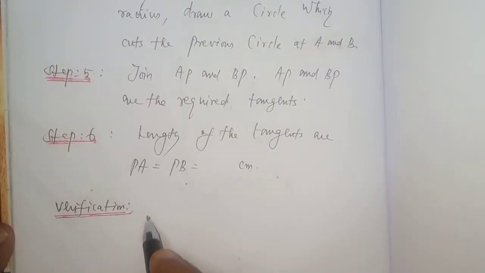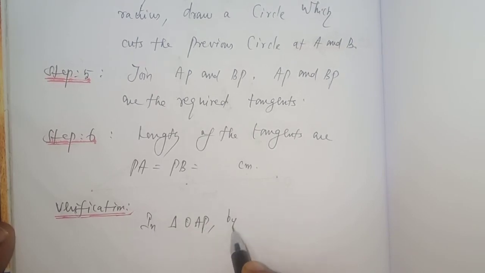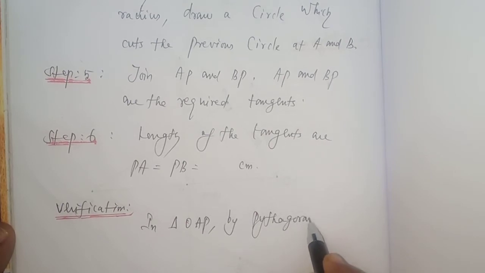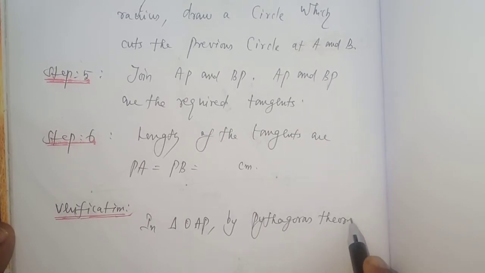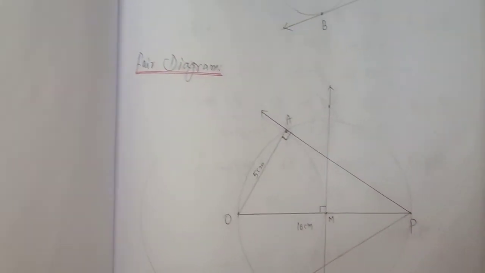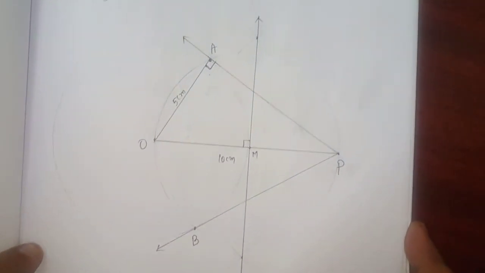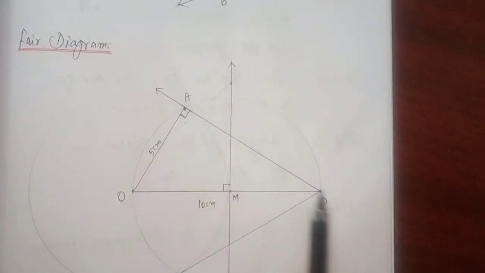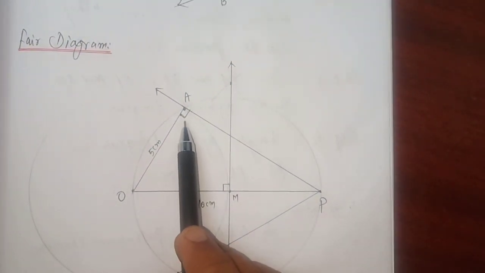Verification. In triangle OAP, by Pythagoras theorem, look at the diagram here. It is a right angle triangle, because one of the angles is 90 degrees.